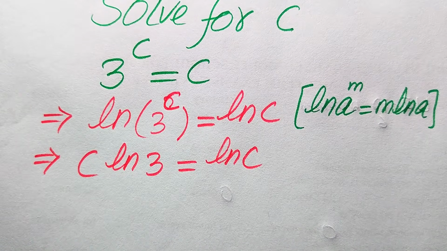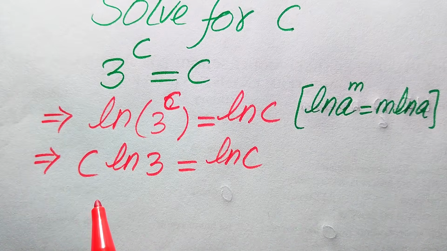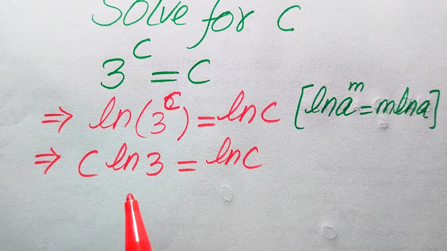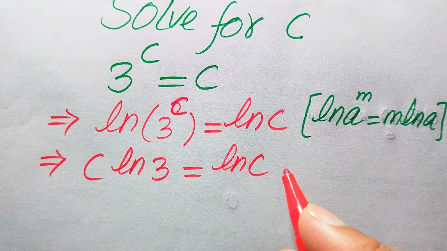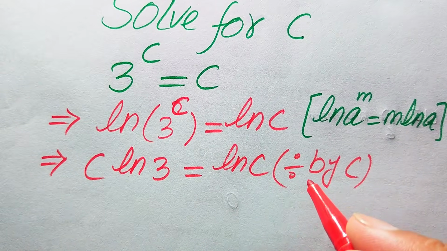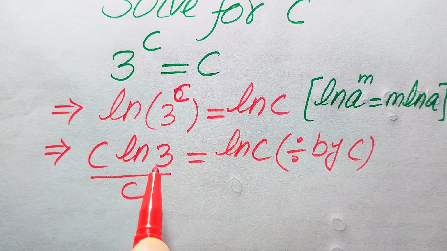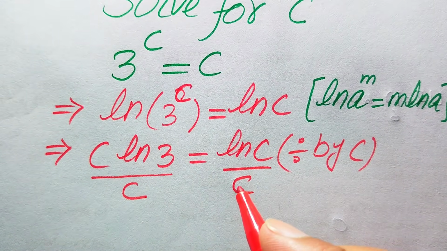In the next step we need to move the variable terms to one side and the constant terms to the other. For this, we divide both sides by c, so c times log 3 divided by c equals log c divided by c.